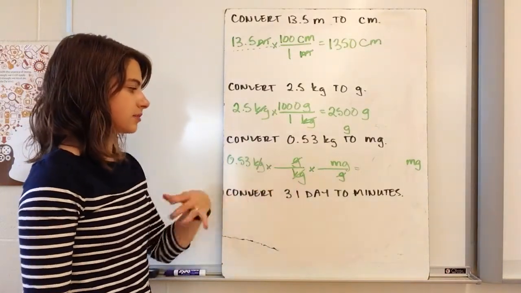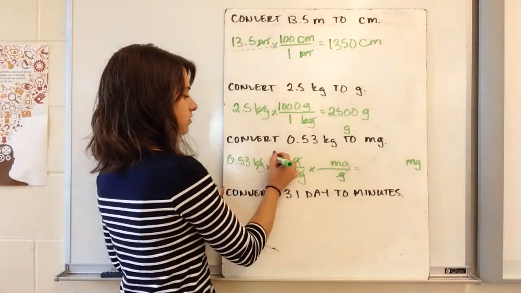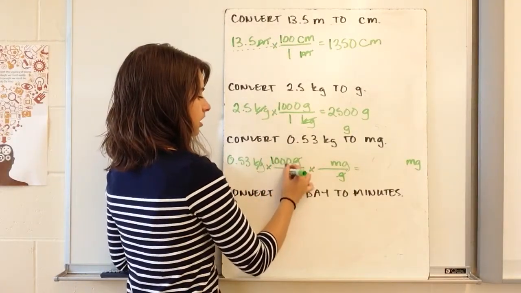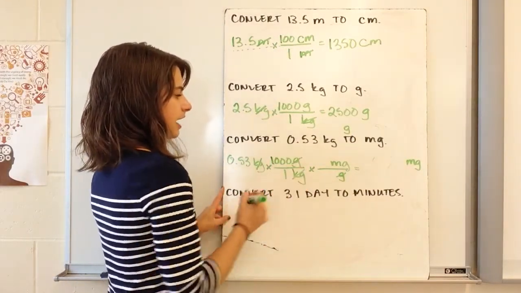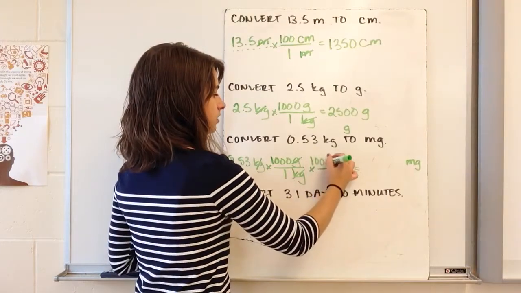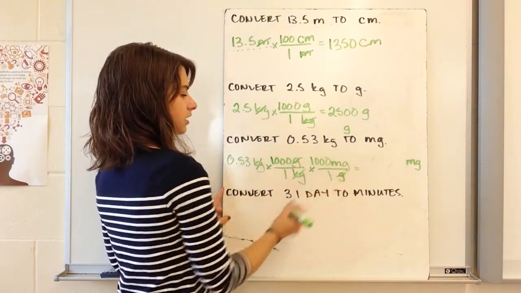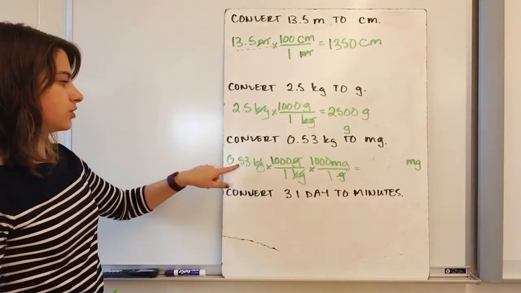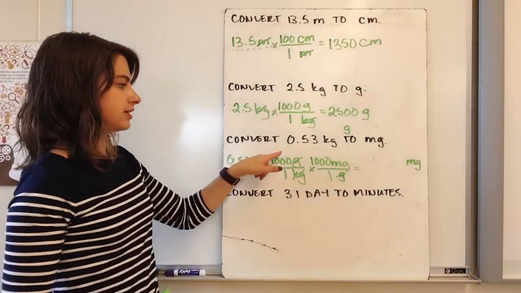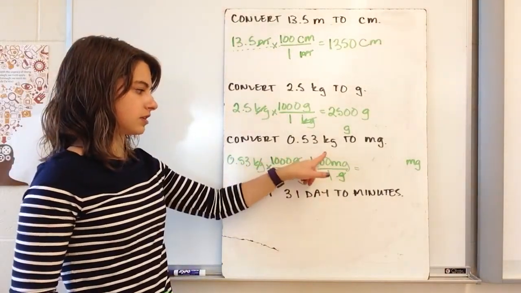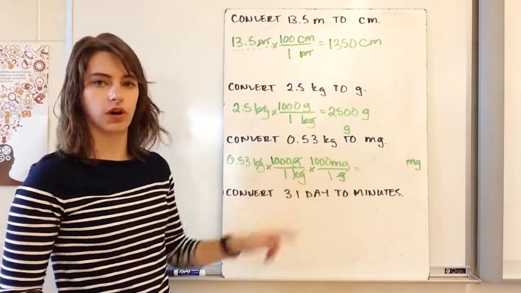So now I'm going to put the numbers in. So I know that there are 1,000 grams in 1 kilogram. And I know that there are 1,000 milligrams in a gram. So I'm going to do 0.53 times 1,000 times 1,000 divided by 1 times 1, which is 1.